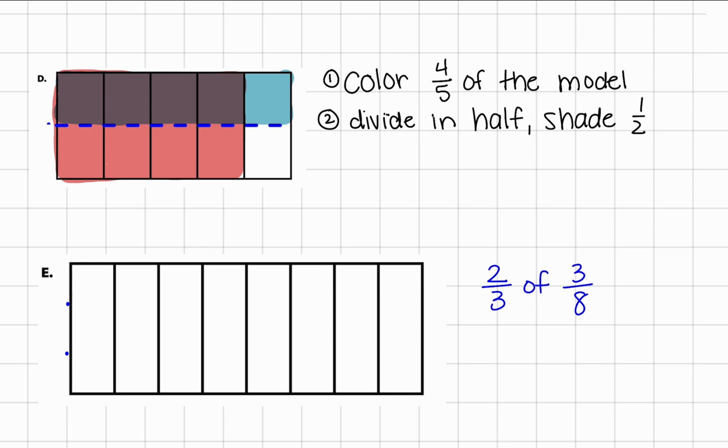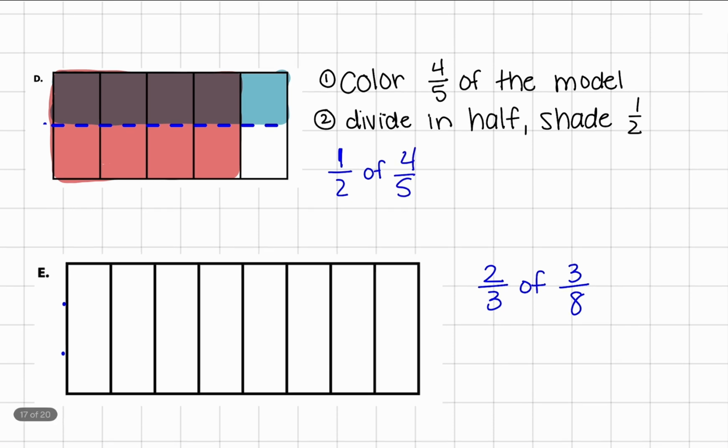So you should have got 1/2 of 4/5 equals 4/10. Or we'd write that as 1/2 times 4/5 equals 4/10, which simplifies down to 2/5. Simplest form.